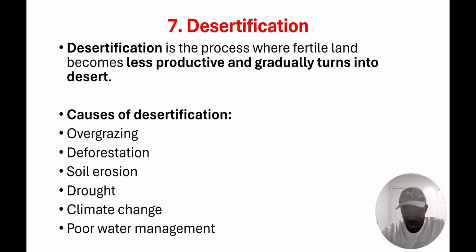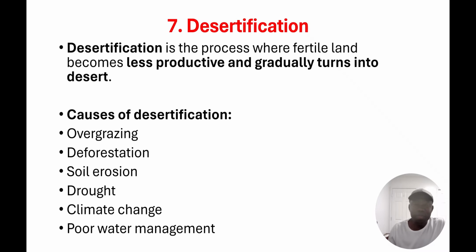When erosion is too much, it will lead to desertification, which is the removal of the topsoil, rendering the whole land completely desert. No tree, nothing, no cover. The causes are deforestation, erosion, drought, and climate change. These are the factors that lead to desertification, the process where fertile land becomes less productive and gradually turns into desert.